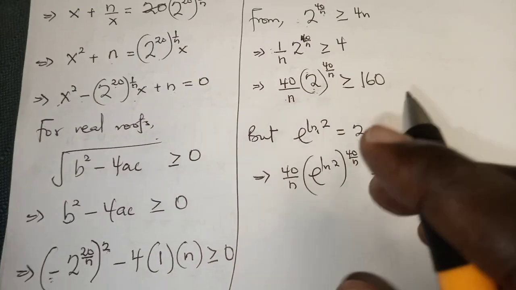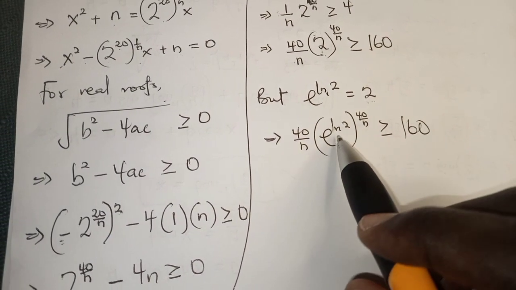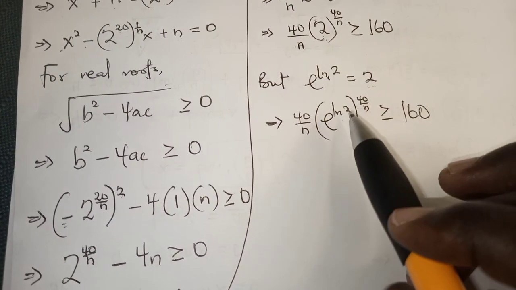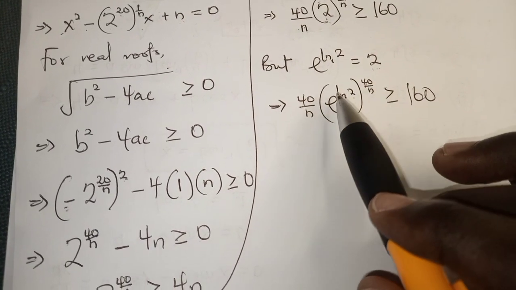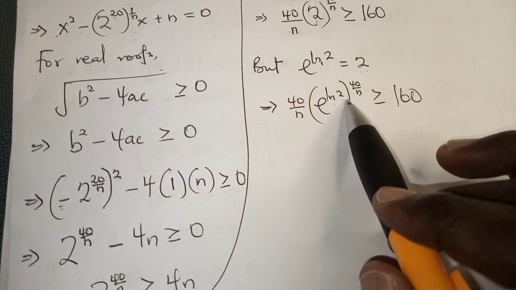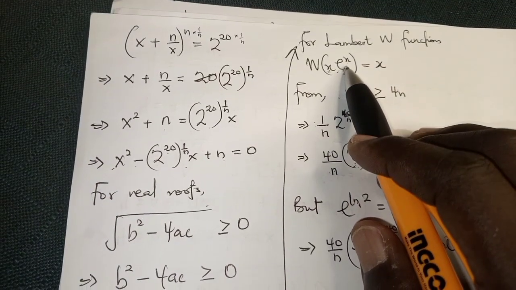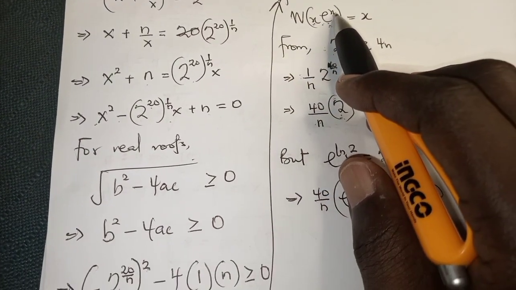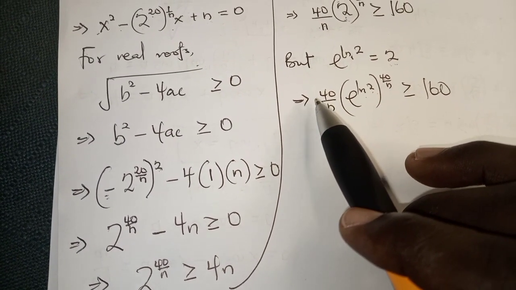All right. So now we see that the expression is no more the same, because we have a ln 2 here. We have 40 on n, but we now have a ln 2, but here there's no ln 2. We want to make it the same as what's here. So here there is a ln 2, so we need to introduce the ln 2 here as well.